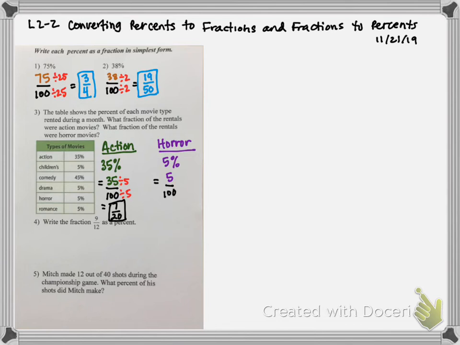So again, I notice that both of them are divisible by 5. It's not always going to be by 5. I'm just telling you right now. And 5 divided by 5 is 1. 5 goes into 10 twice, and I get 1/20. Okay, that's it. All right, number 4 says write the fraction 9/12 as a percent.